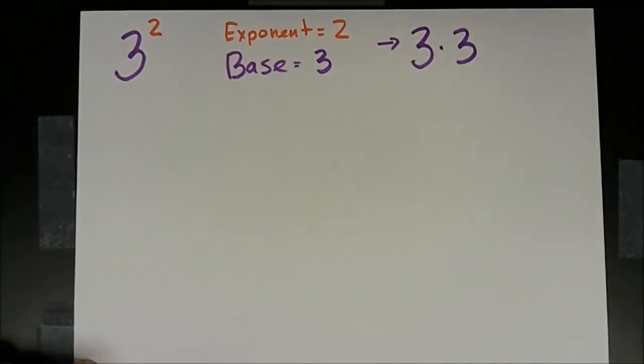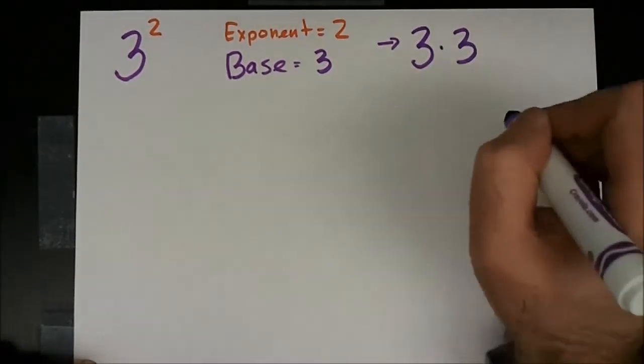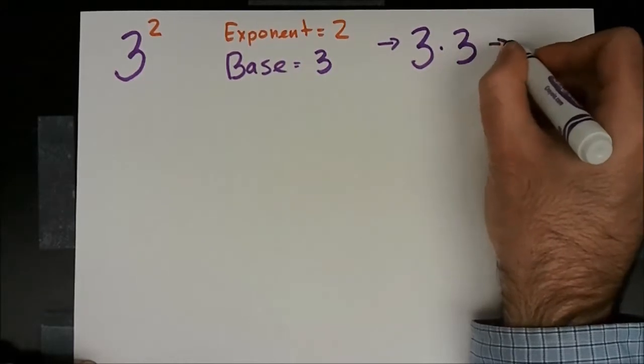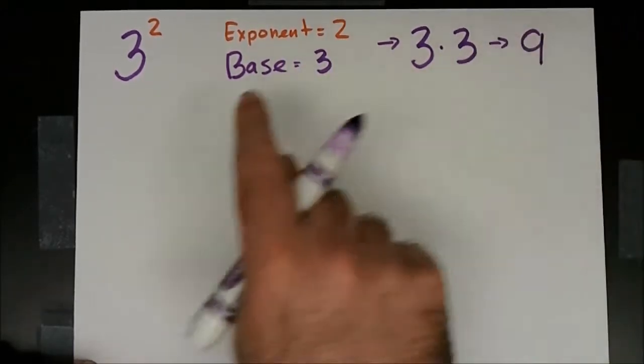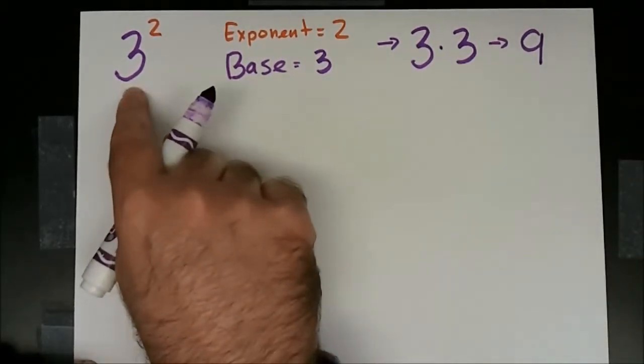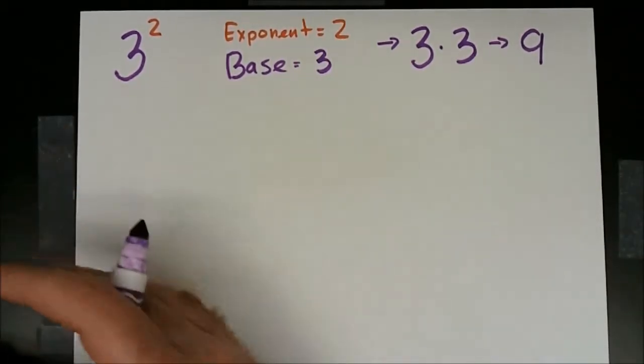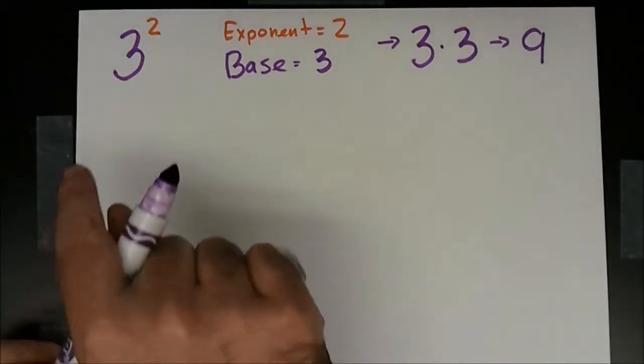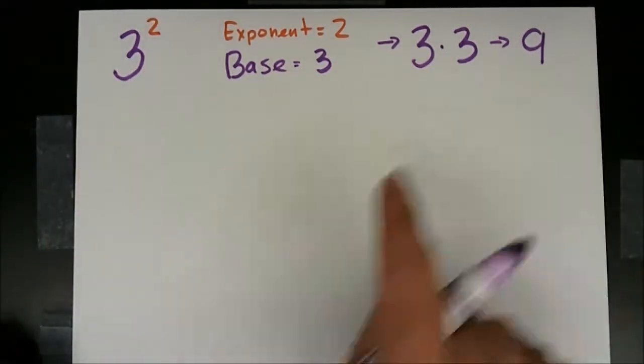And can someone tell me what is 3 times 3? 9. Exponential form? Not exponential form. So 3 to the second power, or as it is commonly known, 3 squared, is the exponential form of a 9.